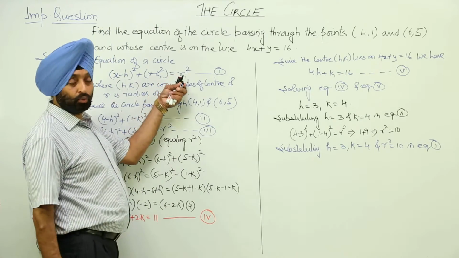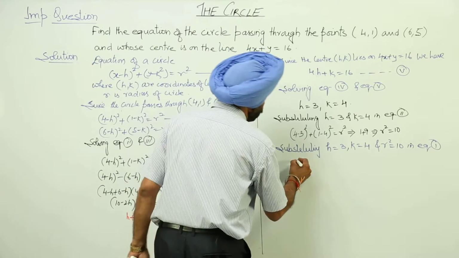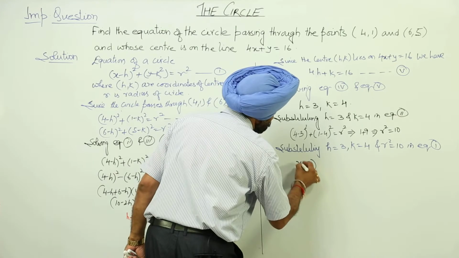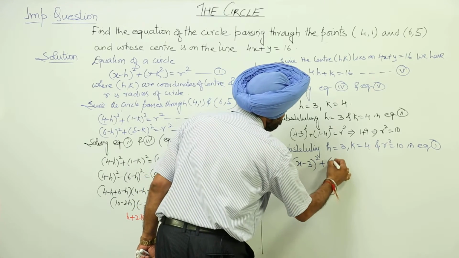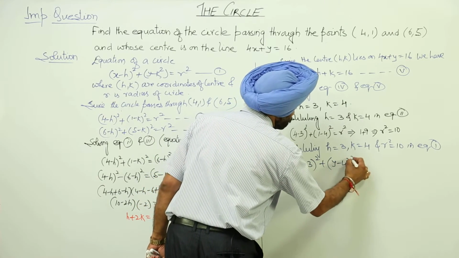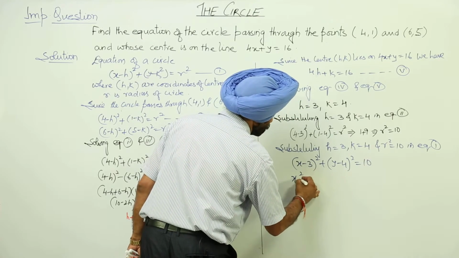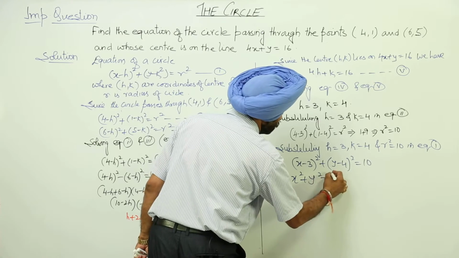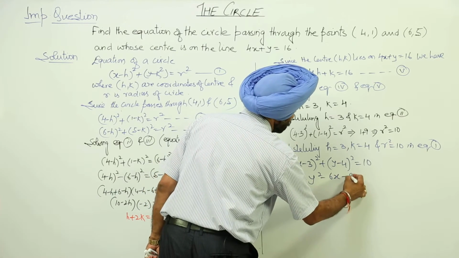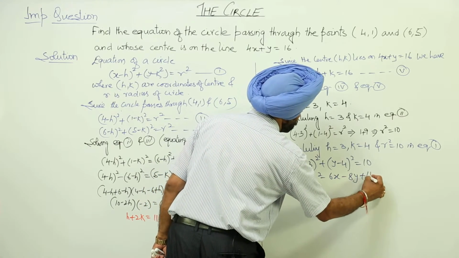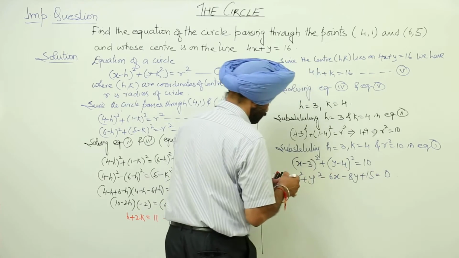In our equation, what we are getting? (x − 3)² + (y − 4)² = 10. On solving, what we are getting? x² + y² − 6x − 8y + 15 = 0.